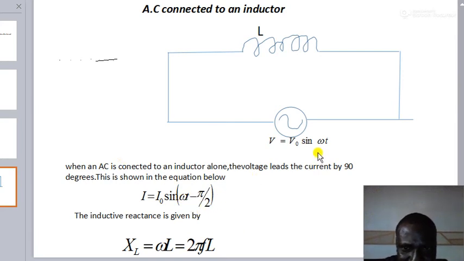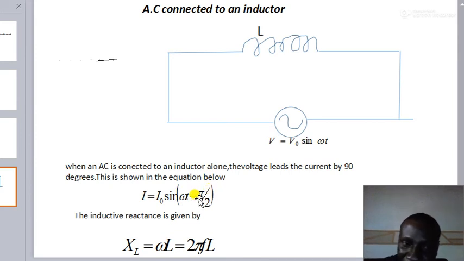If the voltage has an angle of omega t, and the current has an angle of omega t minus pi over 2, it means we are removing 90 degrees from omega t in the case of the current, while in the case of the voltage, the angle remains omega t. So that means the current is 90 degrees behind the voltage.